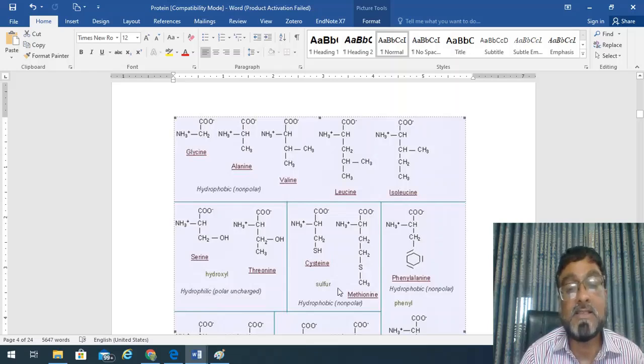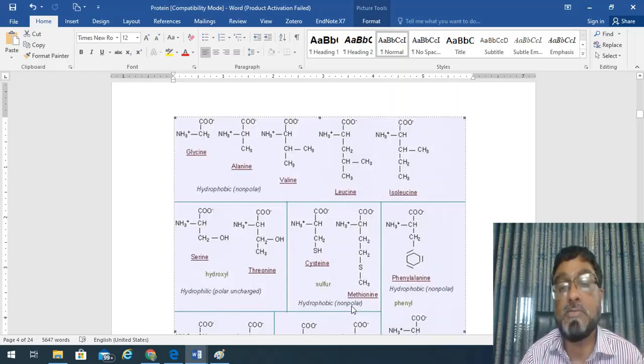And again, these are the hydrophobic type and non-polar. That is not contributing the polarity. Here we were looking at those containing the polarity, but here there is no polarity. It's a non-polar amino acid.